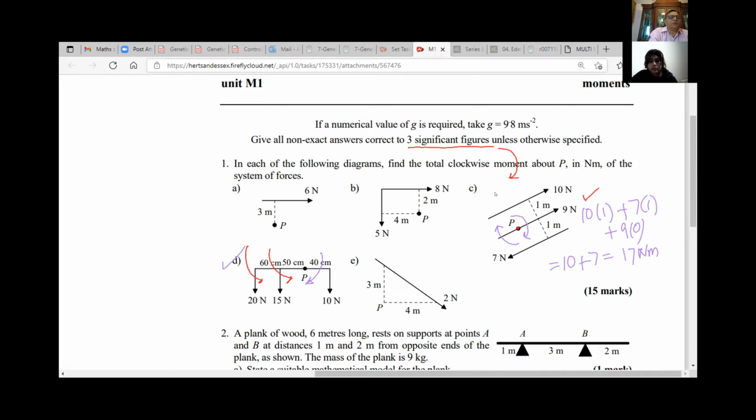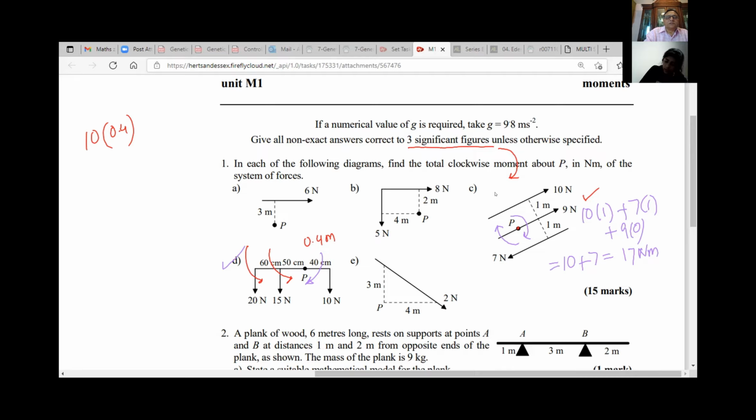So we have 10 newtons and the distance is 40 centimeters. You've got to convert 40 centimeters to meters, so it is 0.4 meters. Divide by 100. That is the first part, then only you get Newton meters.